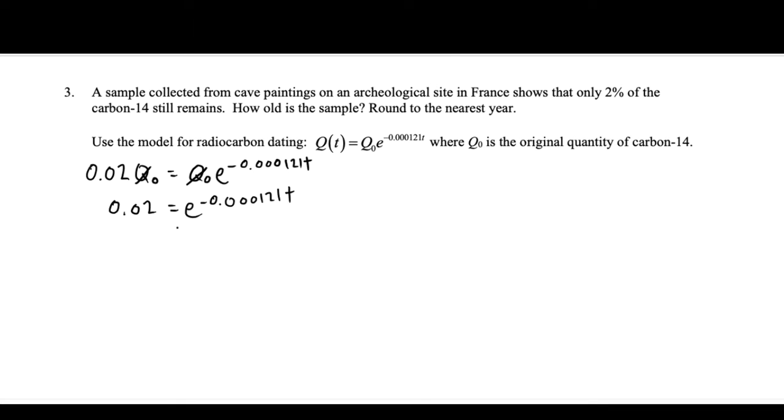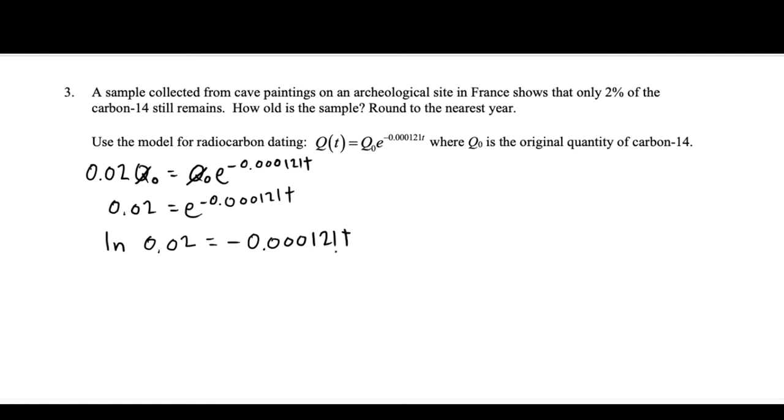So the next step would be to rewrite this in logarithmic form, which gives me ln of 0.02 equals negative 0.000121t.